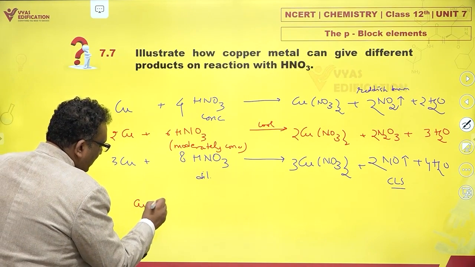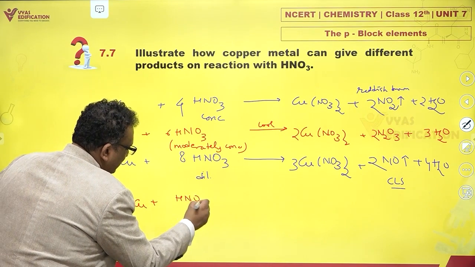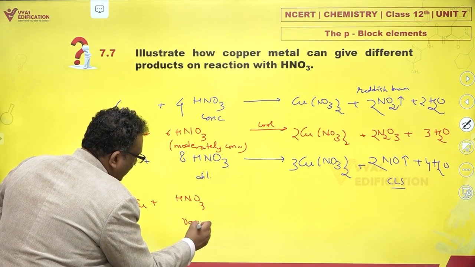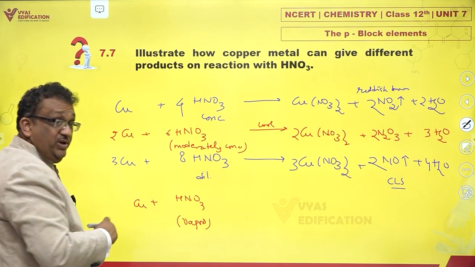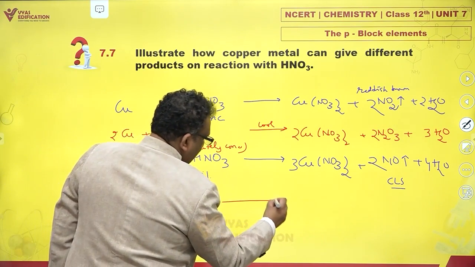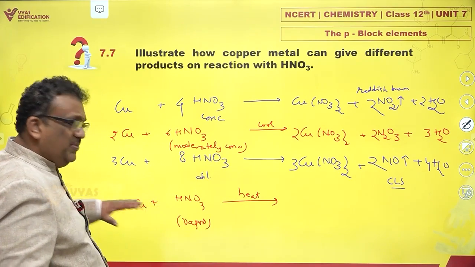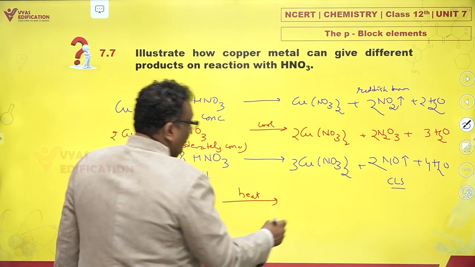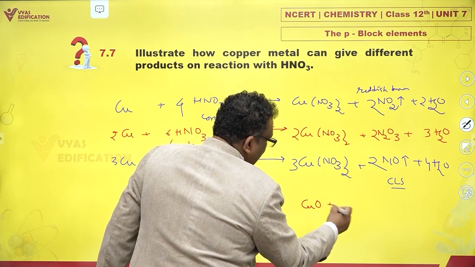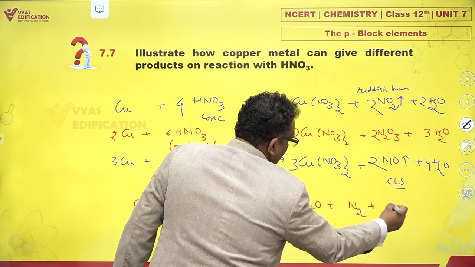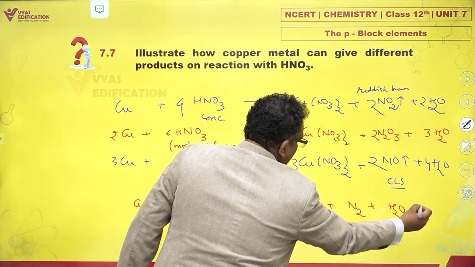Also, there is one more. If vapors of nitric acid are passed over heated solid copper, high temperature, red hot copper, well, you get copper oxide and you get nitrogen and you get water vapor.